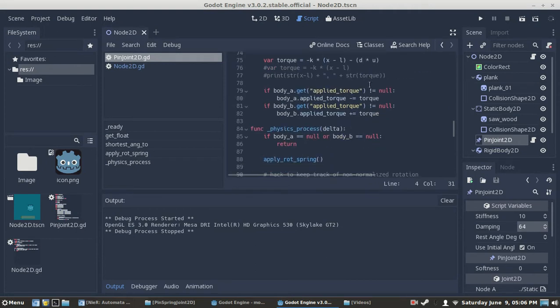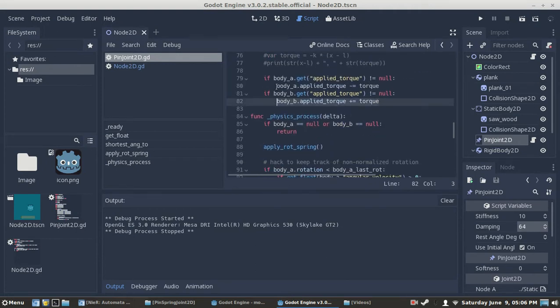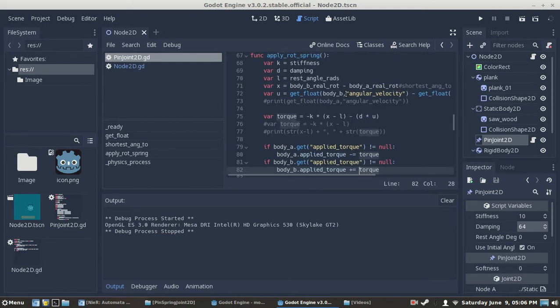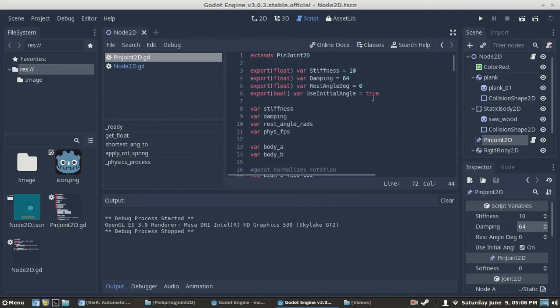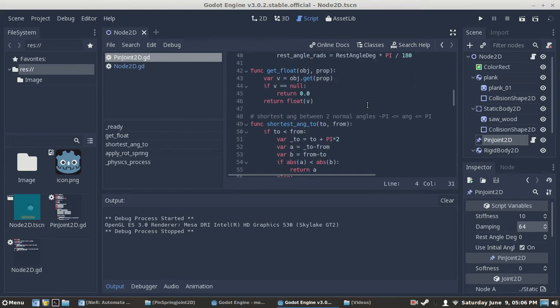I'm not really sure why, because Godot's documentation on the physics engine isn't super clear, but this applied torque may be different from the units of angular velocity or something. It works fine. I'm not trying to get super stuck on this or be super scientific. That's all I need for the moment.